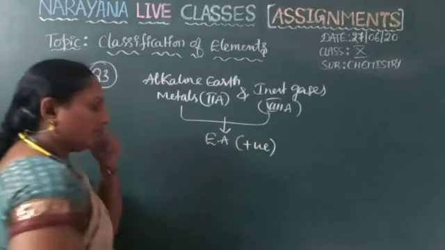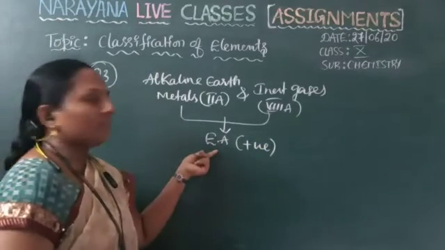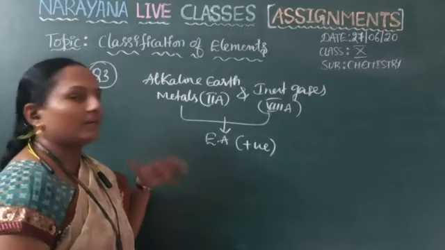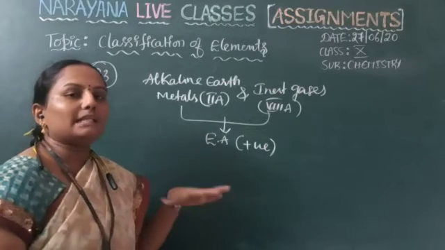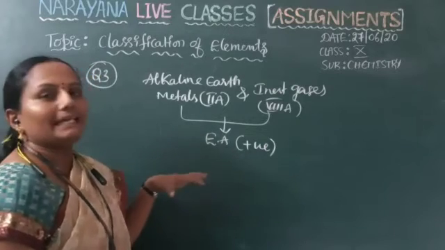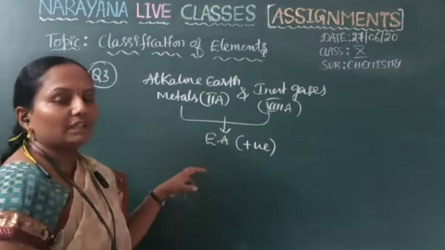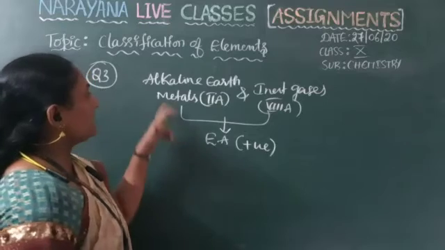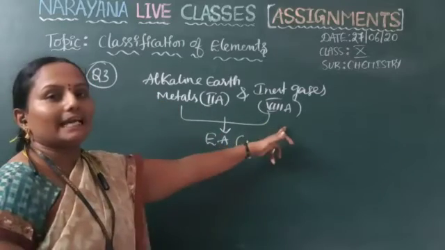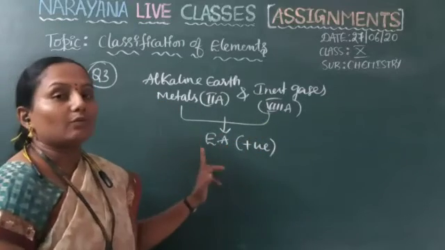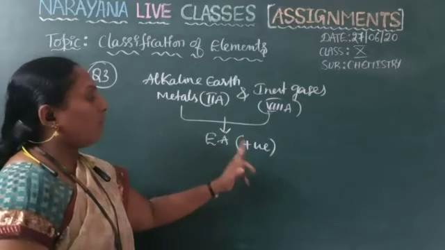Already, as we discussed in the electron affinity definition, it is a release of energy. Release of energy means exothermic, so the energy is represented with a negative sign. Whereas in the case of alkaline earth metals and inert gases, the electron gain enthalpy is positive.